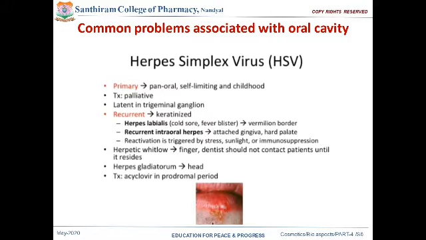Then again, it lays dormant in the trigeminal ganglion. If it is reactivated by any of the same things we mentioned in the last slide, stress, sunlight, immunosuppression, it can rear its head as a recurrent infection. This is known as herpes zoster, or more commonly, shingles. You can see where this virus gets its name, or at least shares its name, with the two manifestations it has: the primary infection, varicella, and the recurrent infection, zoster.